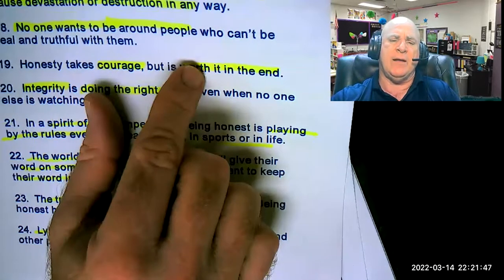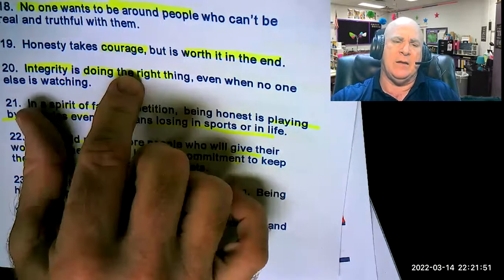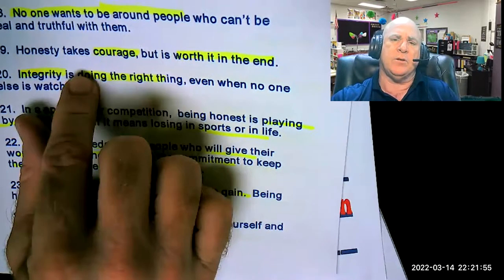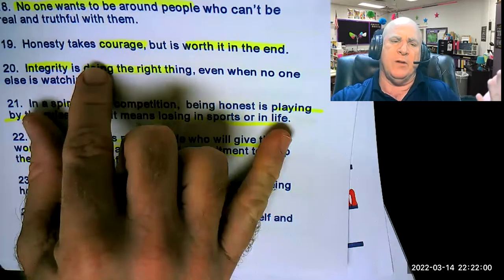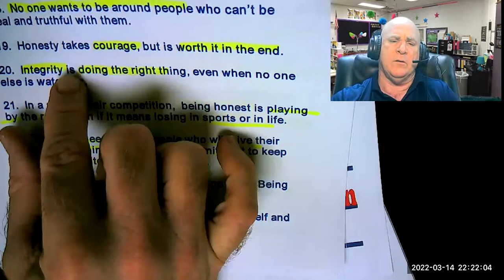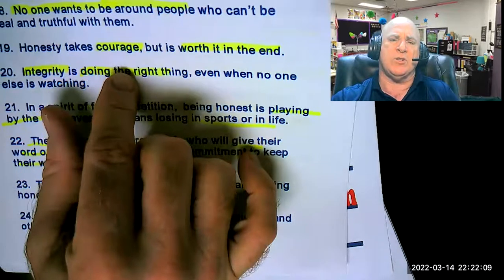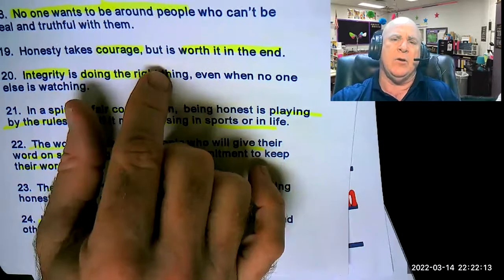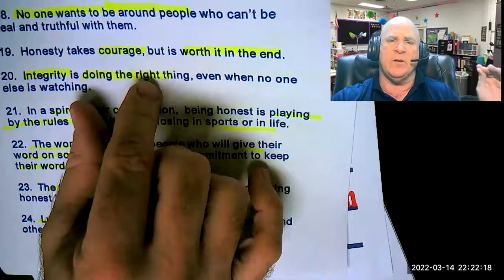Integrity is doing the right thing even though no one is watching. My dad made a sign that he put up while I was working for him, and it pretty much said that integrity is doing the right thing even when no one else is watching, because sometimes our honesty and our integrity go out the window when we're completely by ourselves alone.